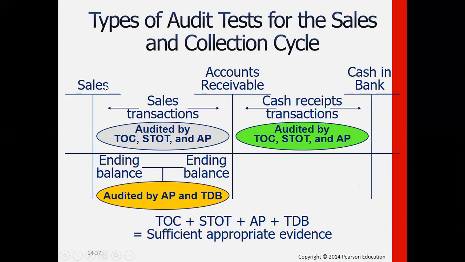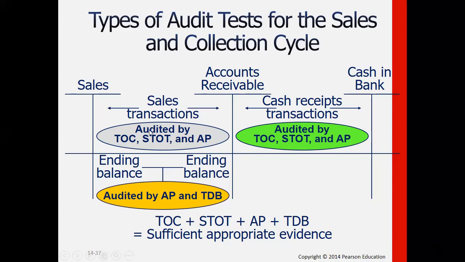For sales, so remember the sales transactions will be connected, of course, to the account. Again, will be connected to accounts receivable for these transactions. And then we can audit by test of controls for the internal controls present.